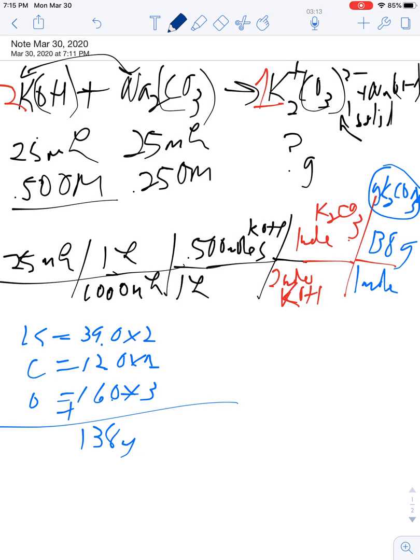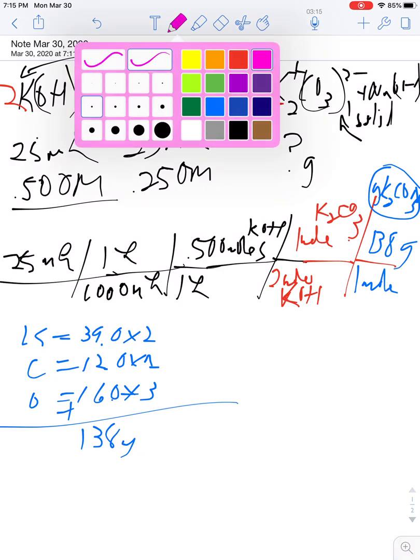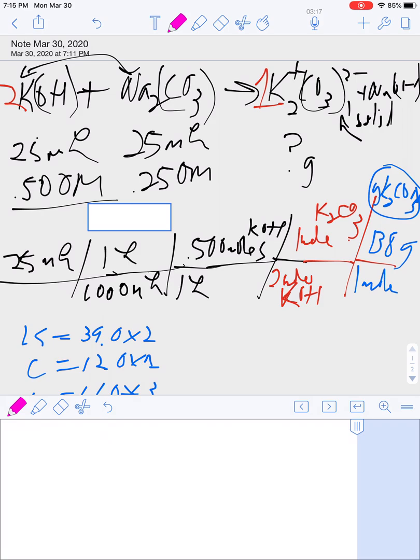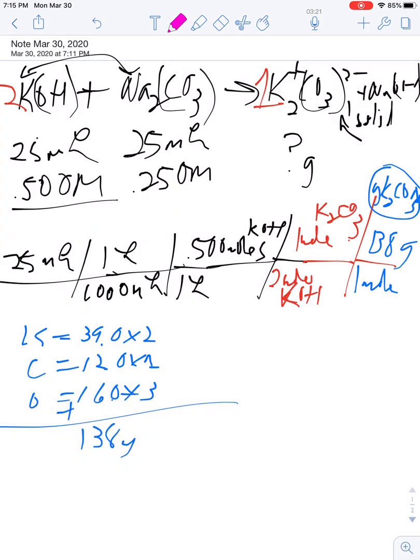So, like I said, first step is to get it to moles, then you use the mole ratio, and then at last you convert back to grams of what you're trying to find. Okay?